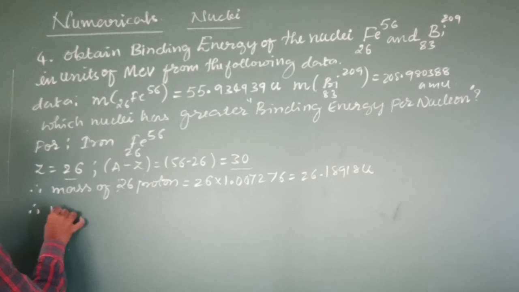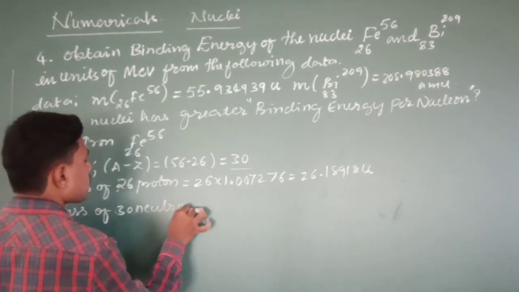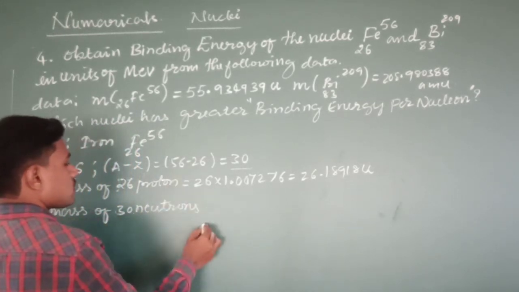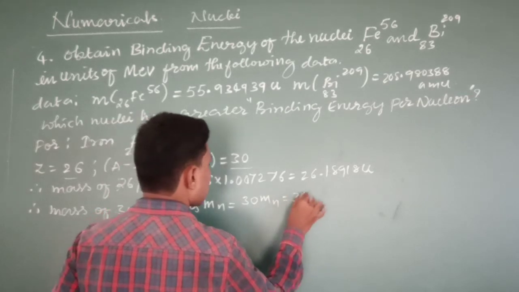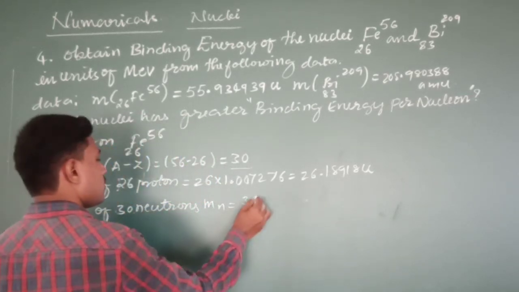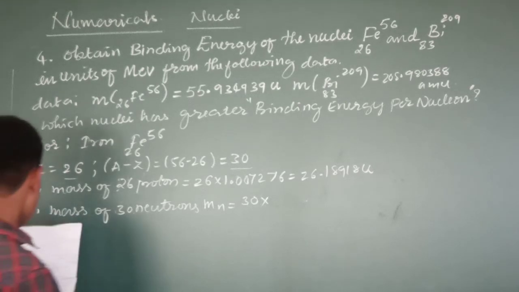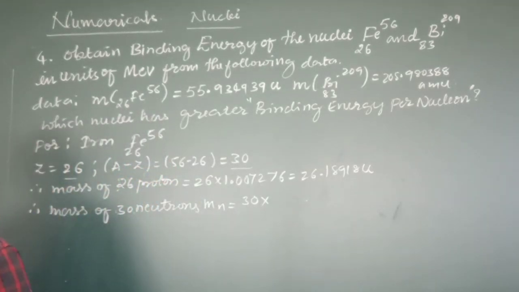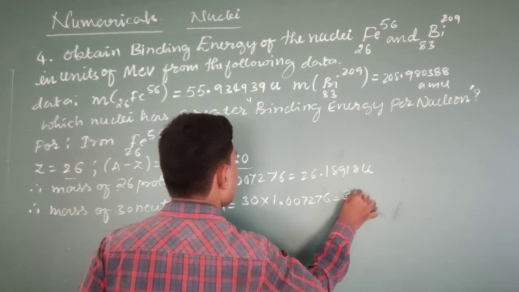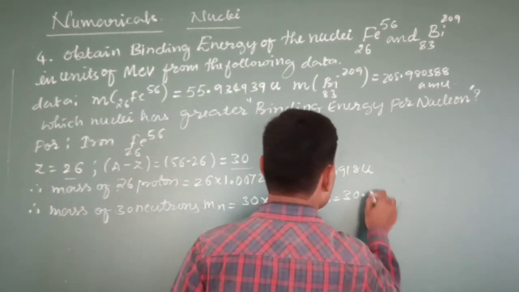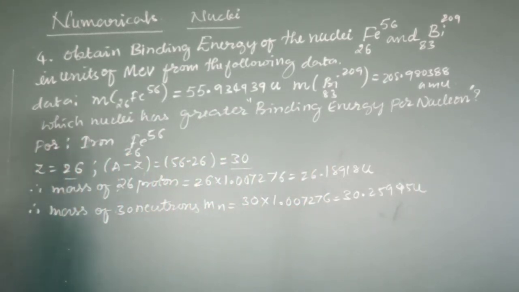In the same way, mass of 30 neutrons, that is 30 into Mn, the mass of the neutron, 1.008665, is found to be 30.25995 atomic mass unit.